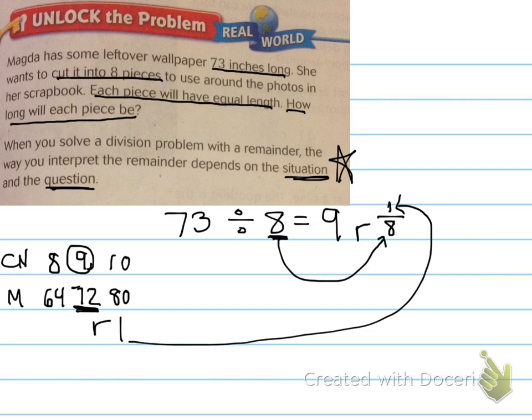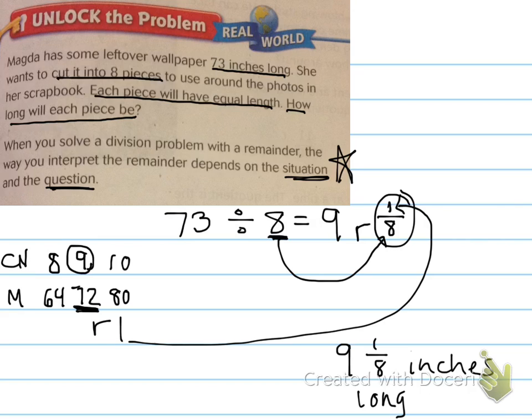Okay? So, again, in this scenario, you can cut paper into fractions of an inch. That's how I knew to use our remainder as a fraction in this problem. So, my final answer would be each piece would be 9 1/8 inches long.